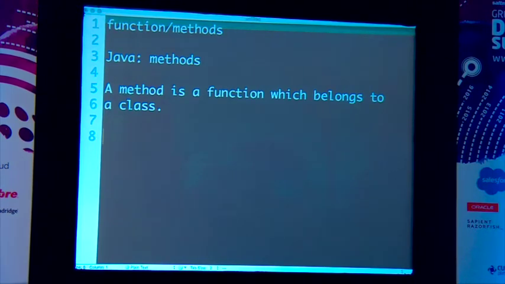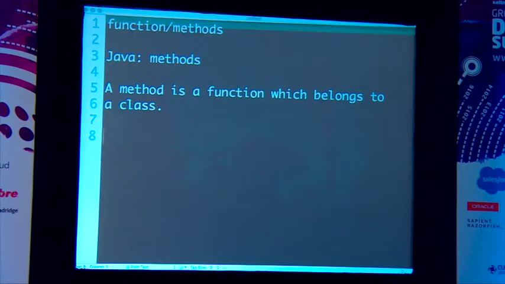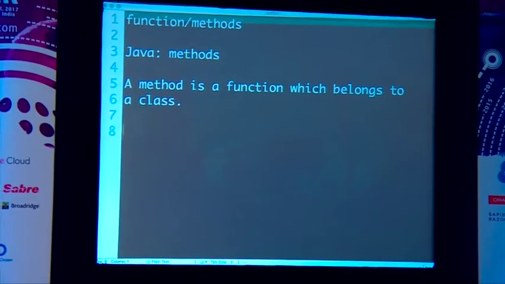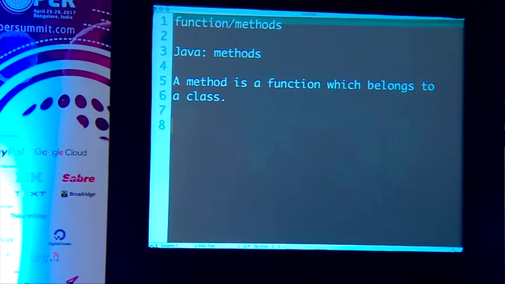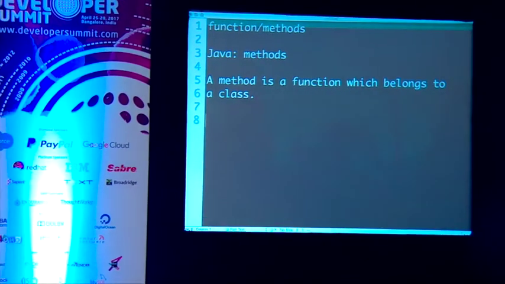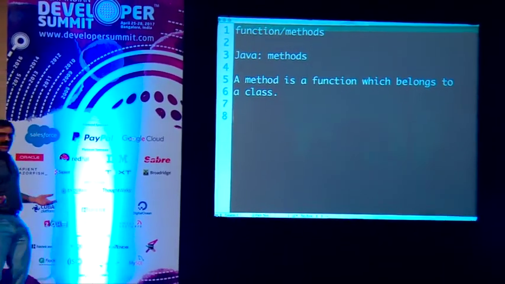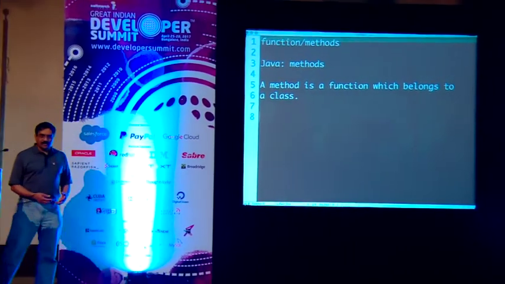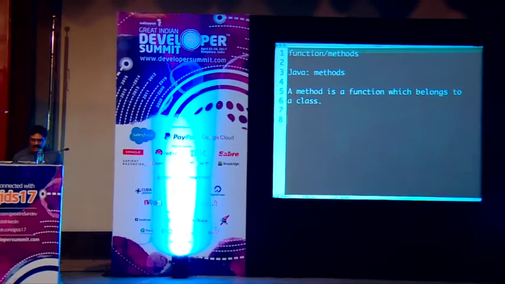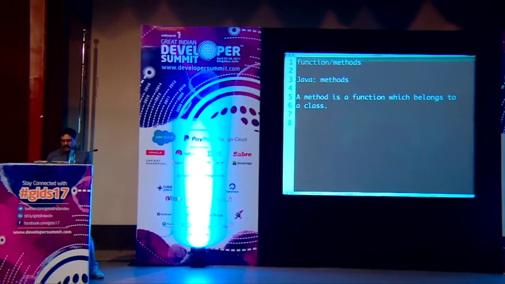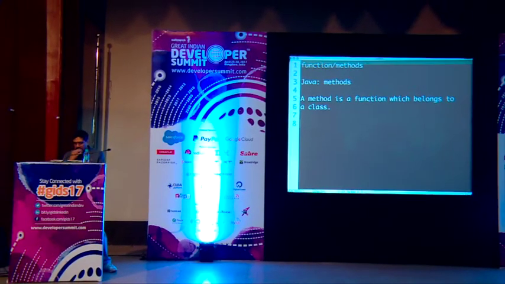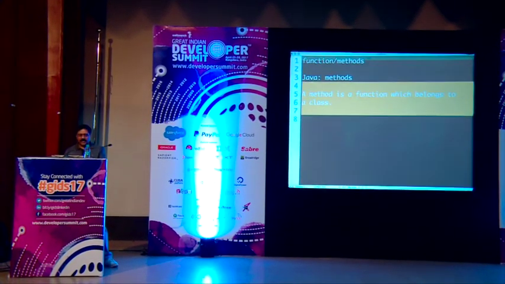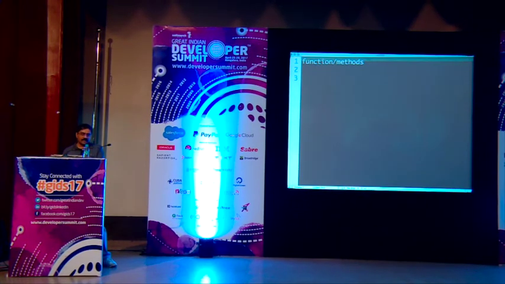So while a function doesn't have a class affinity, a method often does. That's kind of how you know whether it is a function or a method. Until Java 8, we couldn't create functions. We could only create methods, right? But in Java 8, we can also create functions. How? We'll see that in a minute. So a function is not affiliated with an object. We'll use the word function and method interchangeably.